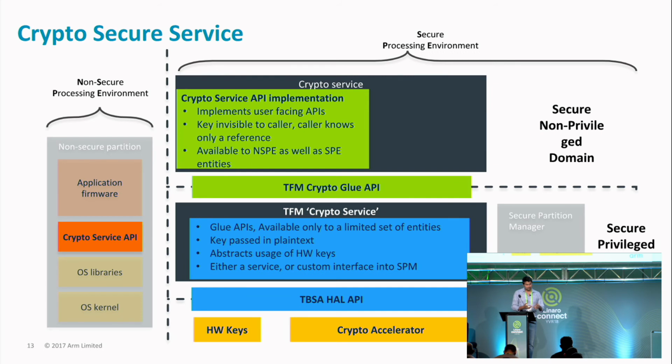So the communication method is still the standard communication method, which is used for communicating between two different blobs on the secure side. What Glue API means here is some sort of C file abstraction on top of that bare IPC.